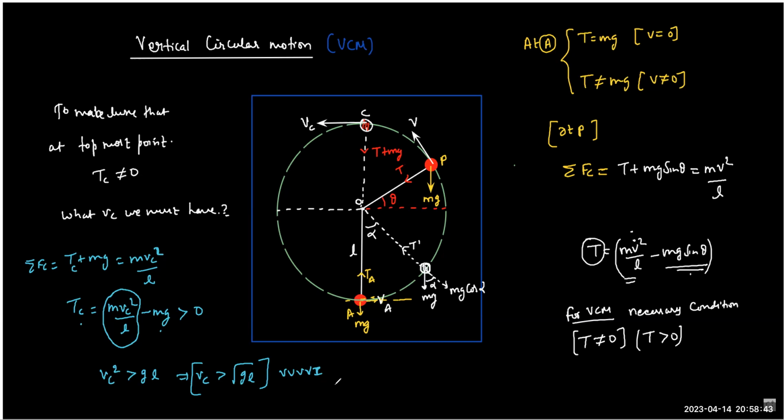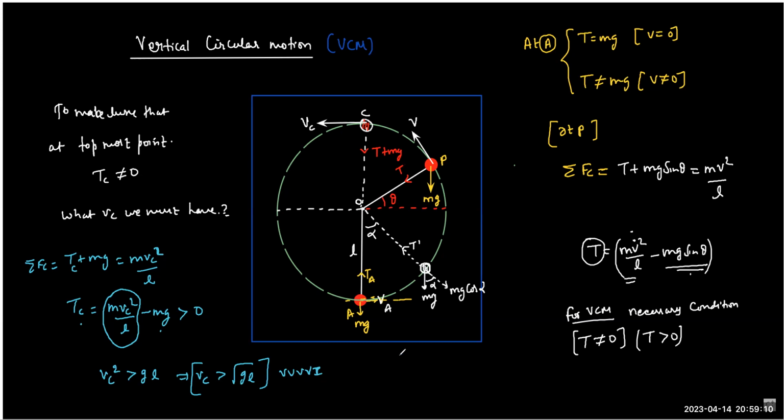So what if VC is less than root gL? What does it mean? It won't complete the circular motion, which means it will never reach the C point. The tension will become zero in this quadrant somewhere, and you will never reach the point C.